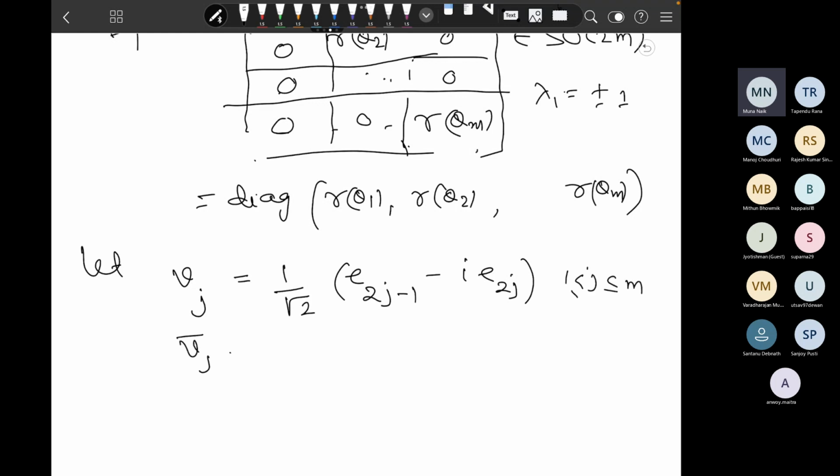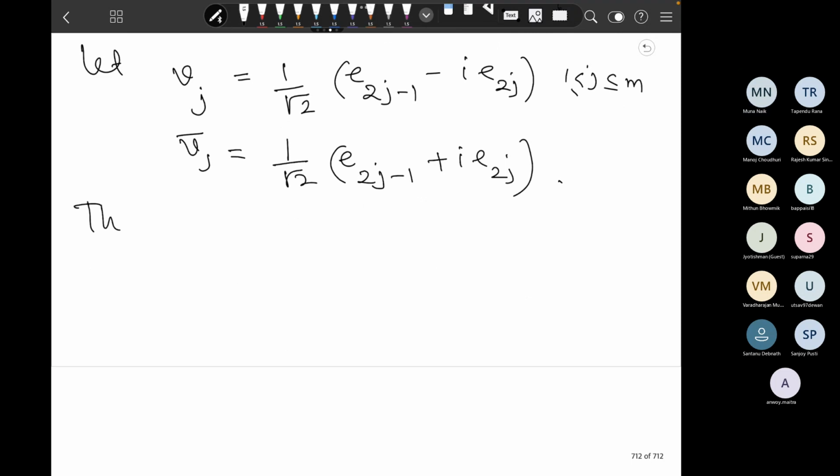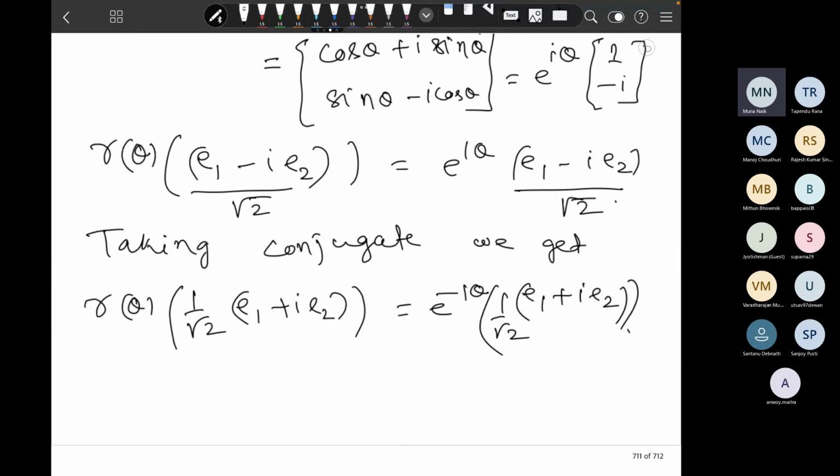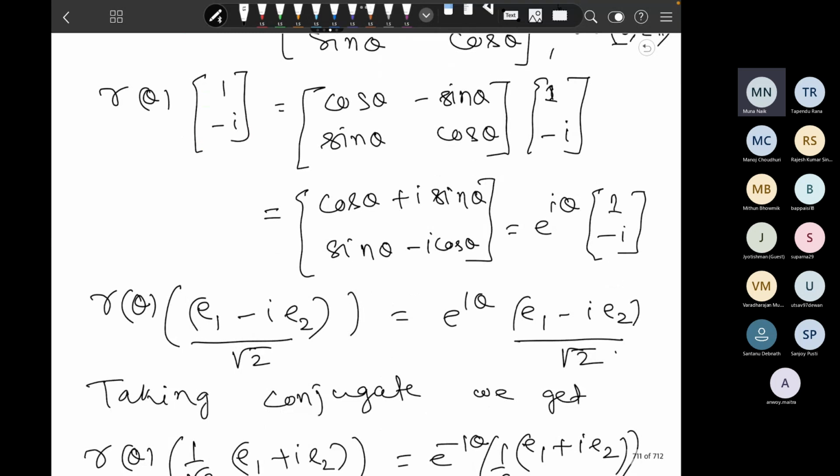Then Vj bar is 1 by root 2 (e to the power 2j minus 1, plus i e to the power 2j). So then B1 Vj is equal to, by this choice, e to the power i theta j Vj. Okay, and B1 Vj bar is equal to e to the power minus i theta j Vj bar, because I am getting this from this thing.